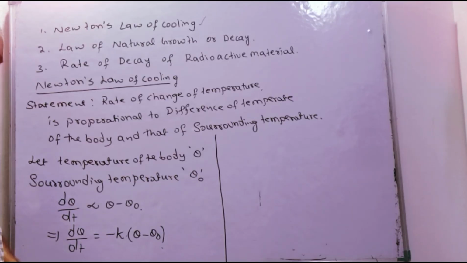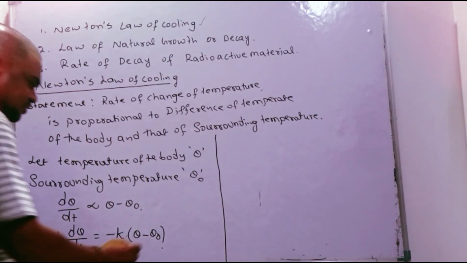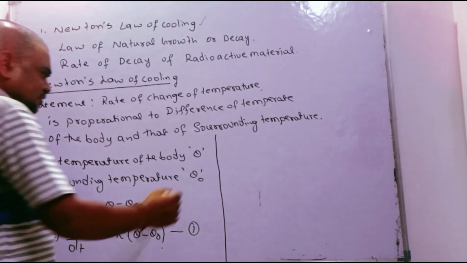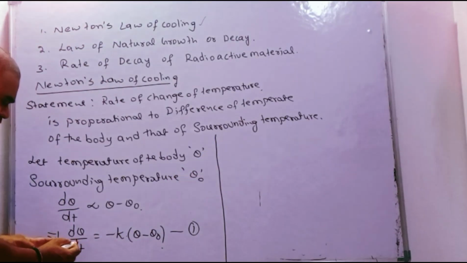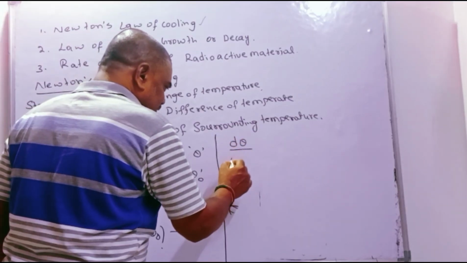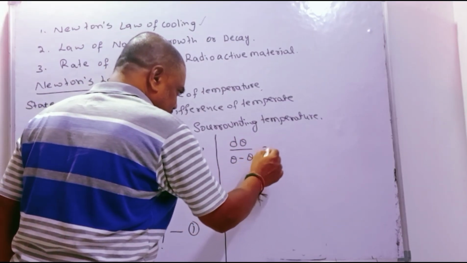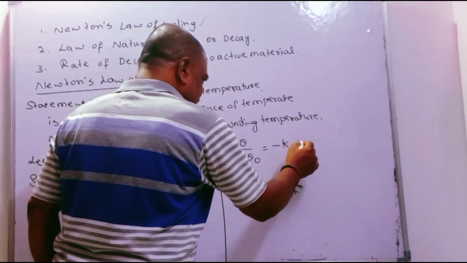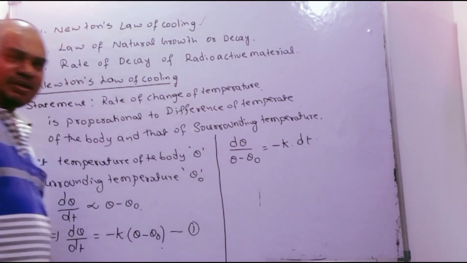This differential equation is equation 1. This can be written by separating the variables: d theta by theta minus theta 0 equal to minus k into dt.